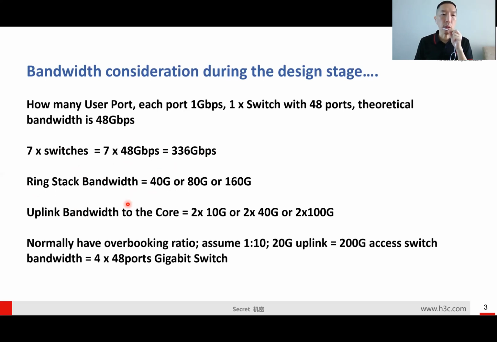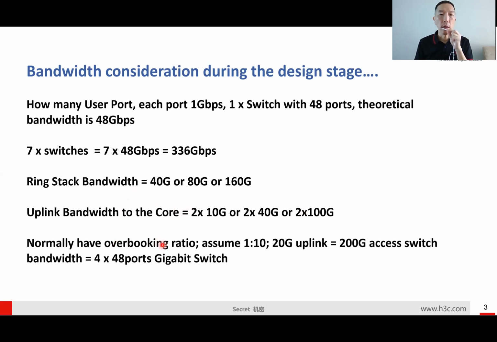The second consideration is the uplink bandwidth. That means from this ring, what is the total bandwidth going up to the core switch? Is it 2 times 10 gigabits? Or do you use higher speed, 40 gig, or even the more expensive 100 gig? Normally, we bear in mind an overbooking ratio of around 1 to 10.